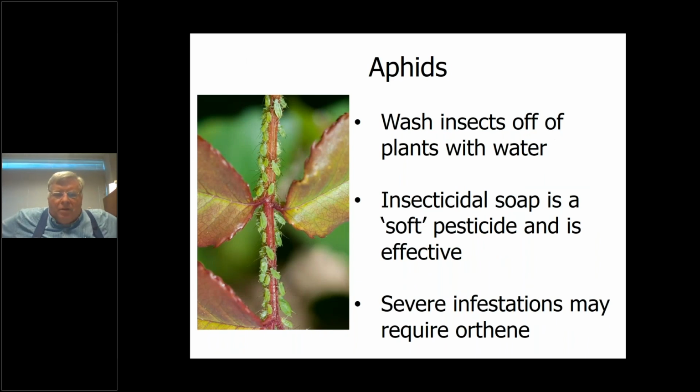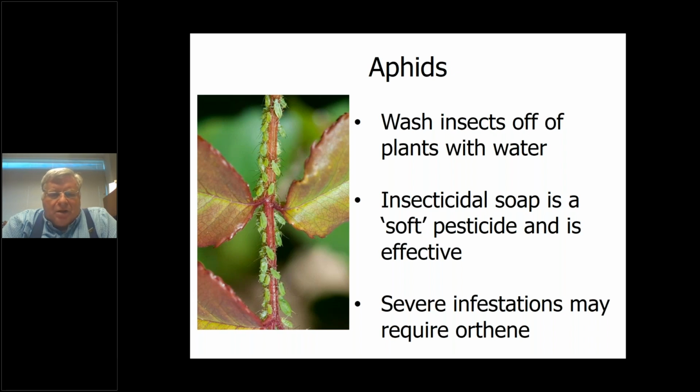Well, I have found that using a water wand on high pressure, and I don't mean a pressure washer, but just a water wand, and knock them off. And that's a very effective way to deal with aphids. If you have to up the ante a little bit, you may have to go to a soft pesticide like insecticidal soap.